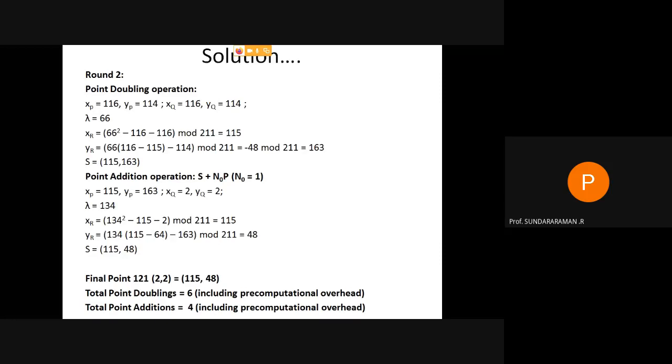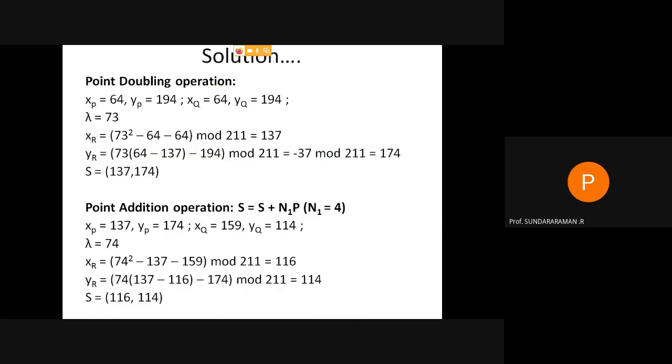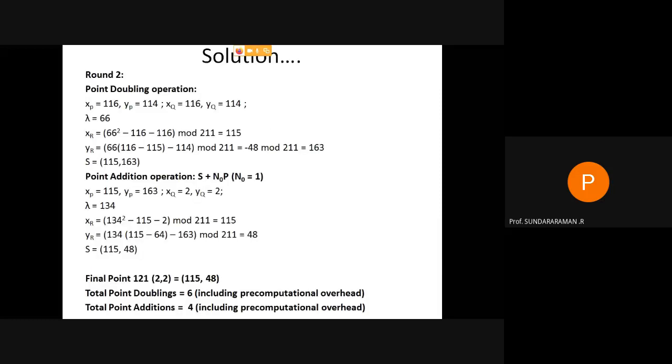So round 2 is for the last operation, that is 1 point doubling operation. The result of previous round is 116,114, and now I have to double it. So when we perform point doubling on 116,114, it gives me a value 115,163, right?